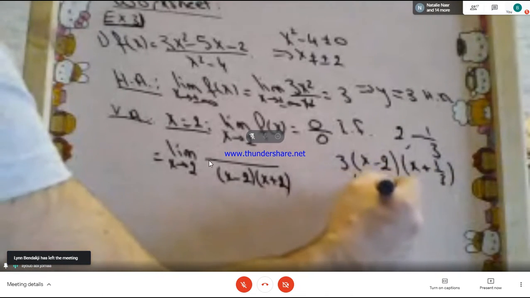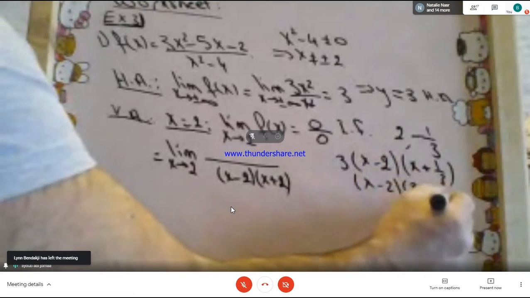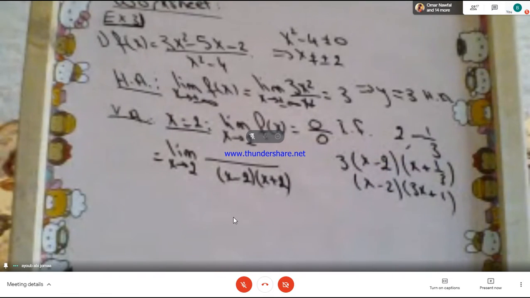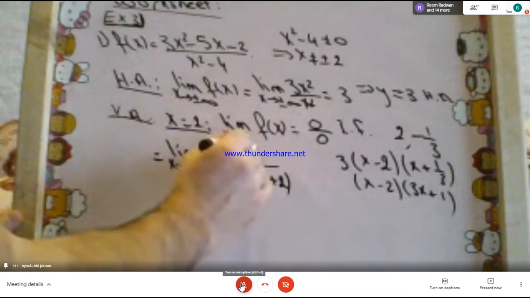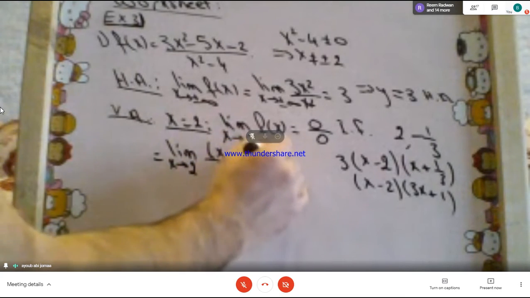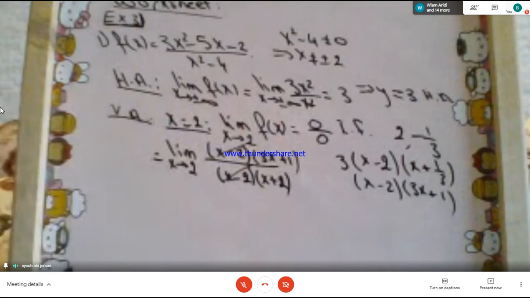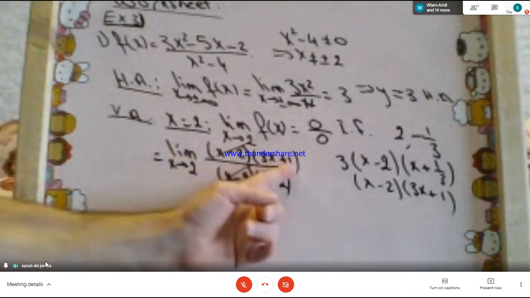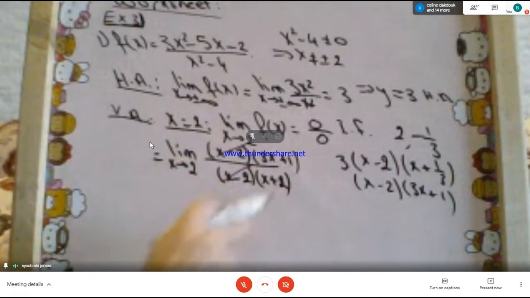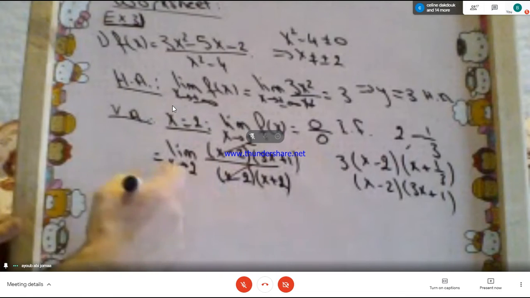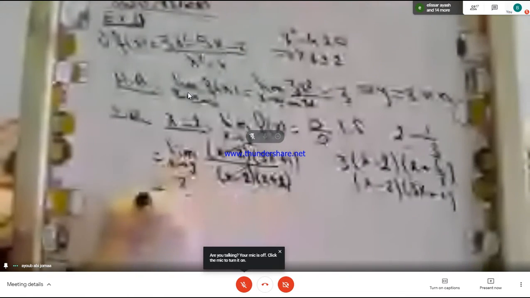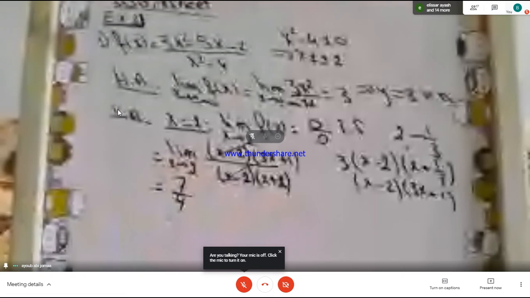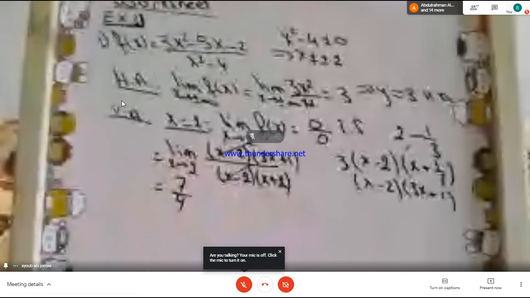So it is x minus 2 times 3x plus 1. Simplify x minus 2 with x minus 2. So you get the limit of 3x plus 1 over x plus 2. Replace x by 2. It will be 6 plus 1, 7, over 2 plus 2, 4.